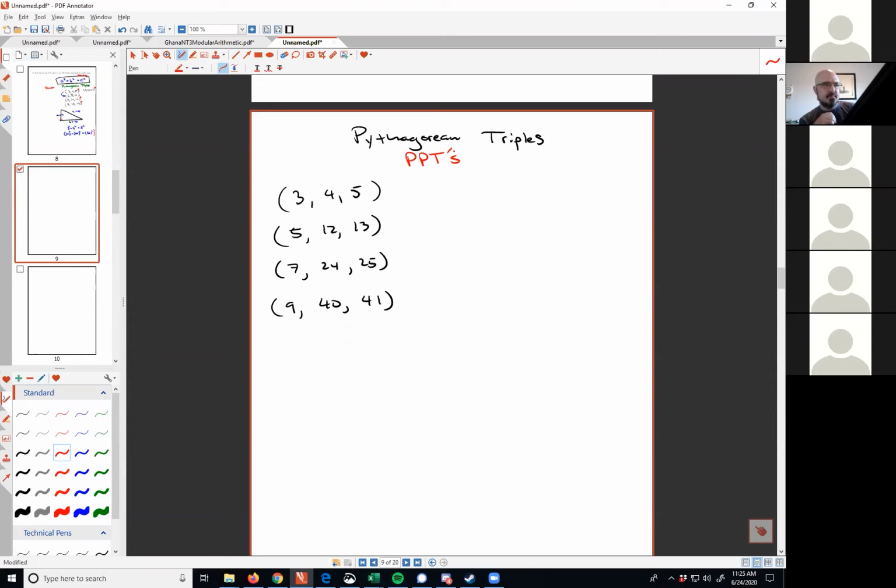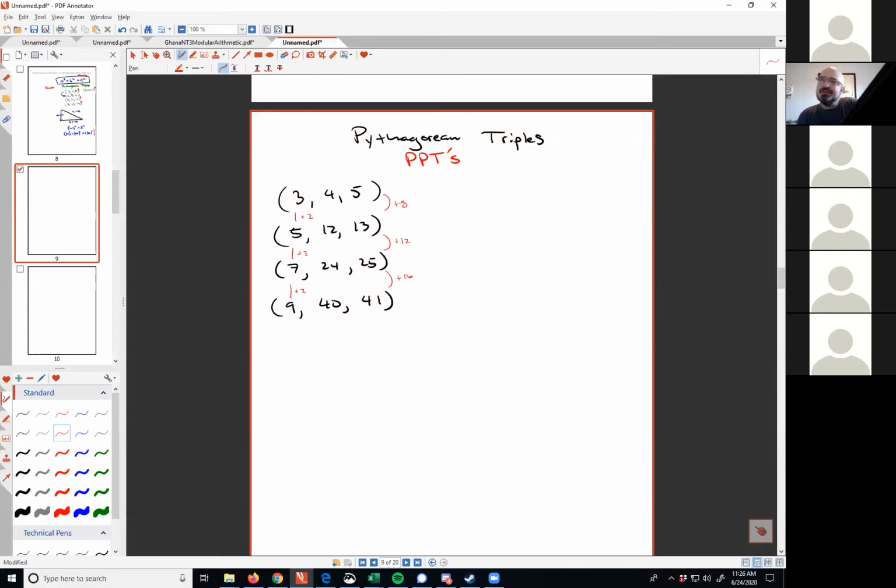The first number on the left keeps increasing by 2. 3 plus 2, 5. 5 plus 2, 7. 7 plus 2, 9. And the last number increases by 8. Not always 8, but it does seem to be increasing by a regular amount.